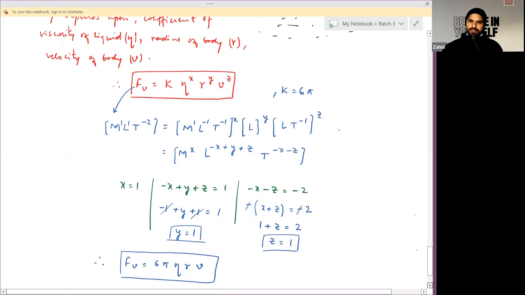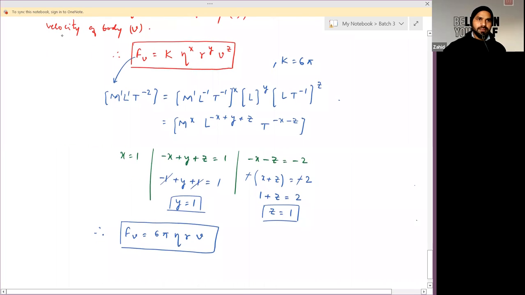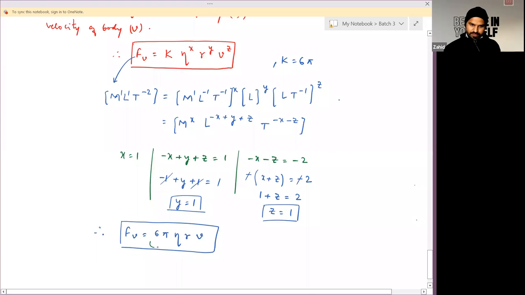Now, for this expression, this term from this point to this point: 6 pi is a constant term, eta is a constant term for this liquid, and the radius of the object is also constant.